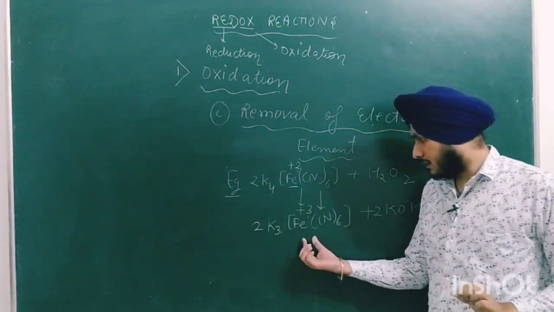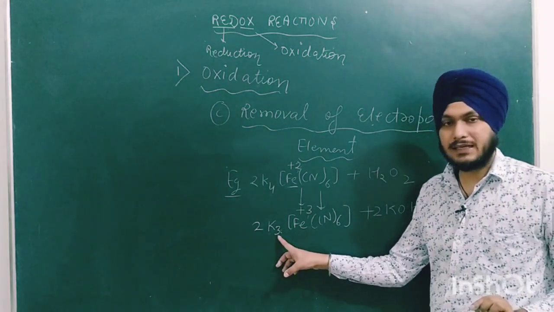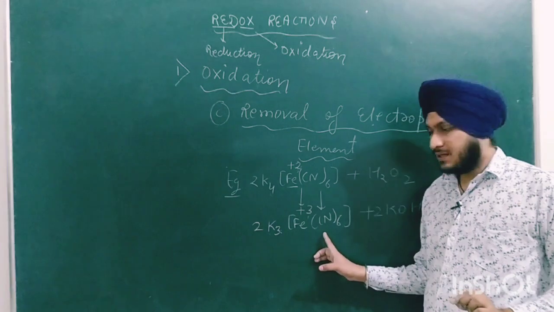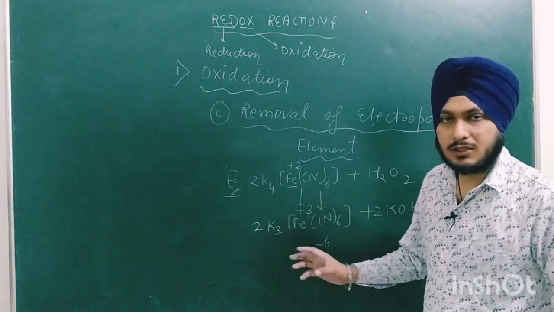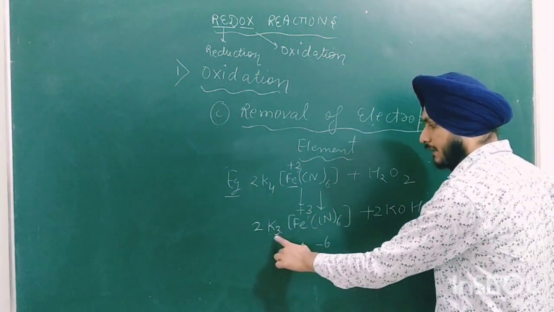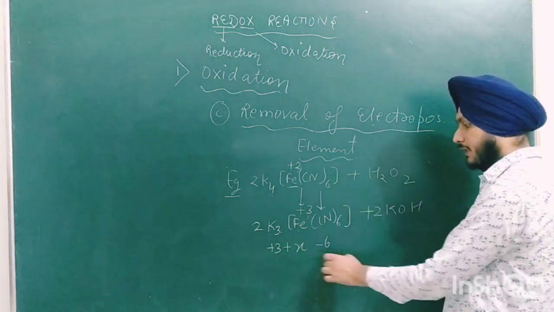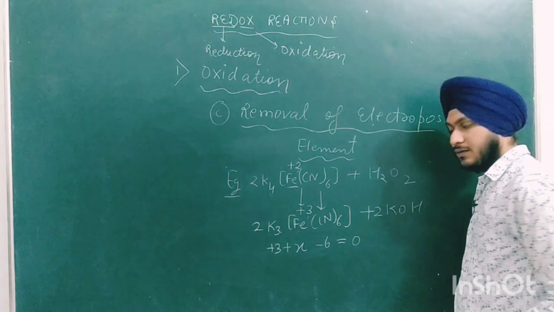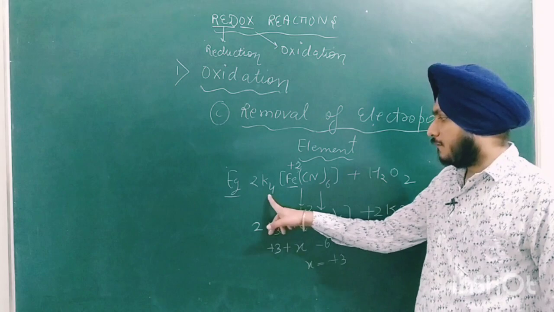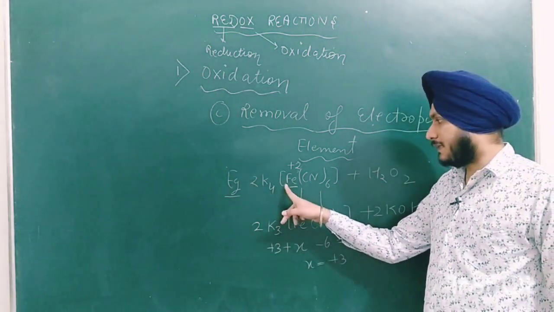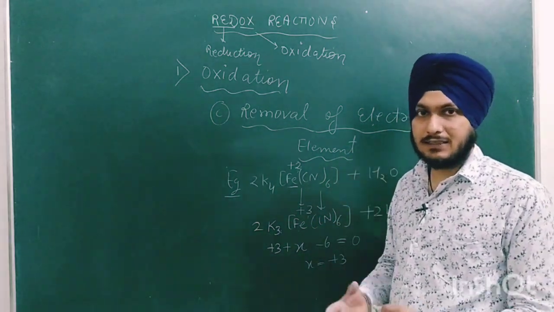For K3[Fe(CN)6], cyanide is -6, let us assume the oxidation state of iron is X, and potassium is +1 into 3, so 3 + X - 6 = 0, and X comes out to be +3. In the case of K4, 4 + X - 6 = 0, and X is +2.